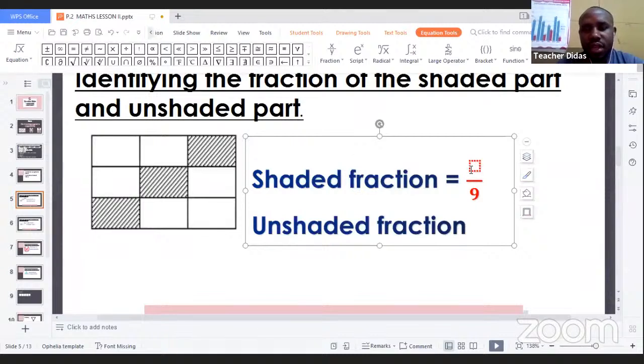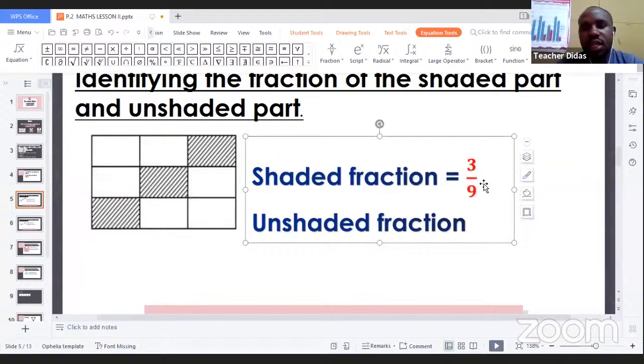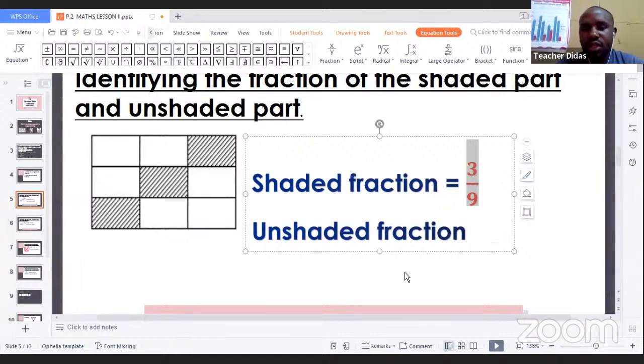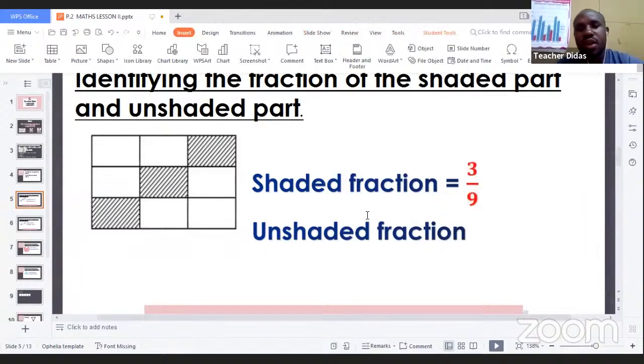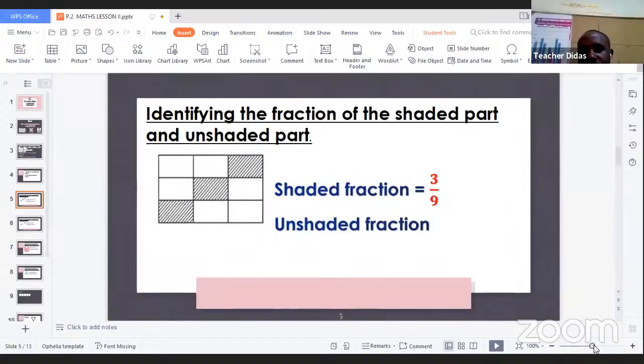So here on my fraction, I'm going to write 3, meaning that the shaded fraction is 3 out of 9, or 3/9, as we agreed when we are writing and reading fractions.